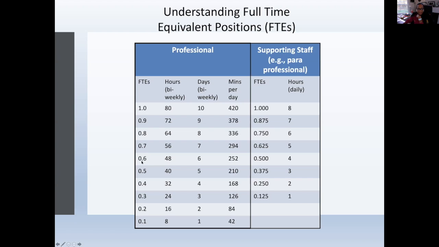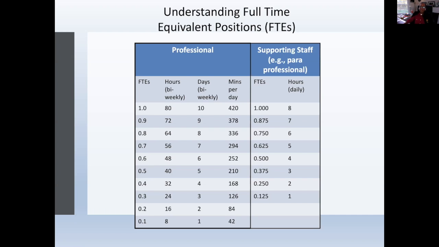When we begin to get into the lower numbers, this is when it begins to get really hard, because when we get to maybe 0.7 or 0.6, 0.5, you tend to be split between 2 schools. This happens in perhaps more low incidence schools or low incidence districts where there may not be enough students to fully allocate positions, or you end up splitting positions, or you end up with an allocation like 10.6.